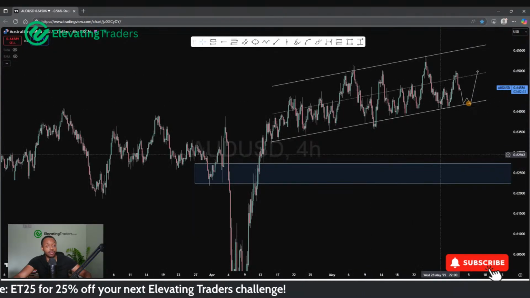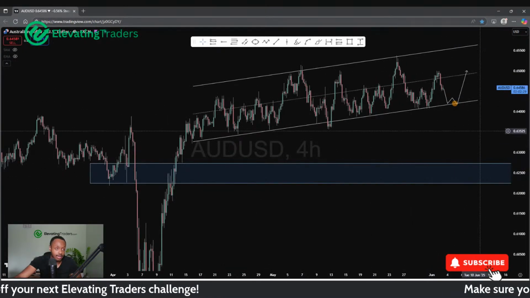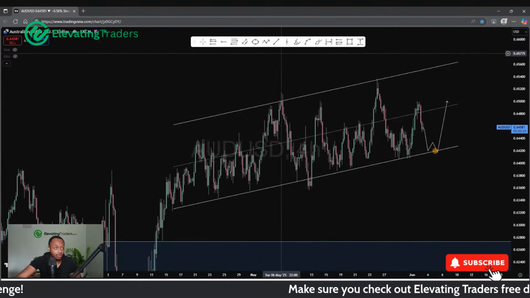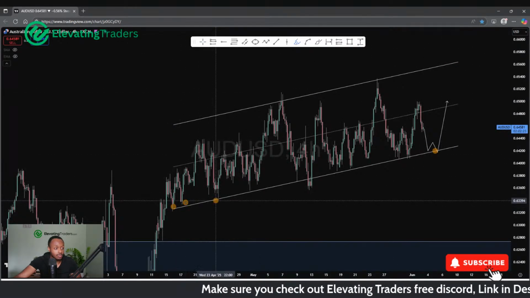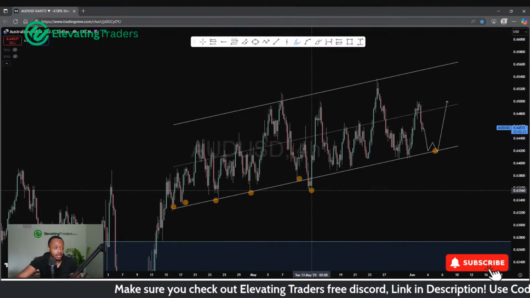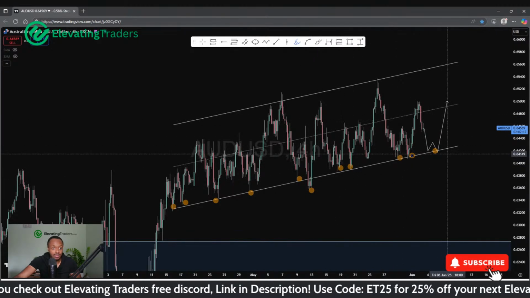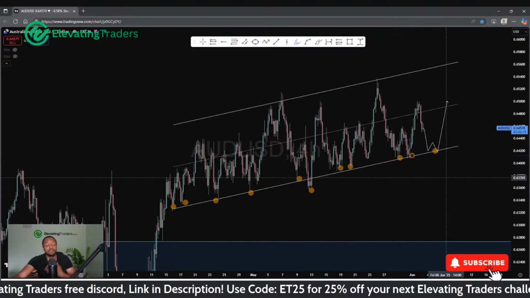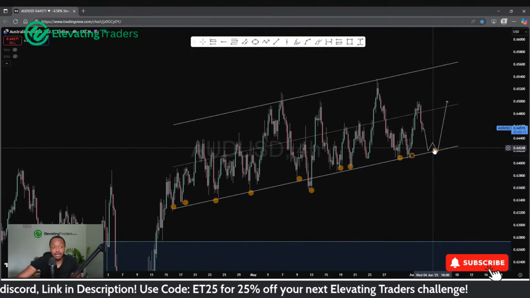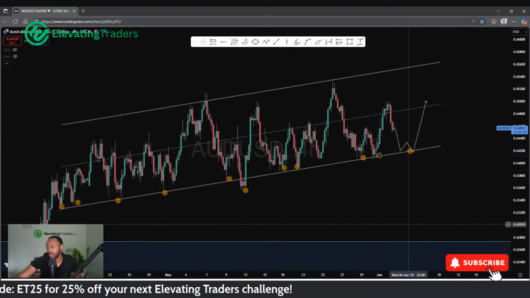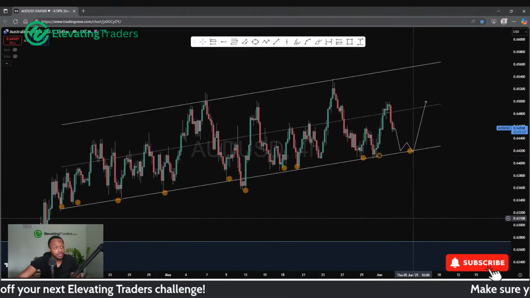So I think in terms of opportunities, if we don't get this trade here, the best bet for Aussie dollar will be some buys at the low end of the channel. We've been so consistent with all these higher lows at the lower end of the channel. So I would say if price was to push back into support again, into the low of the channel, there's a good chance that we do respect that and price does turn around again. If you can see some healthy rejection there, I think that's still very much a smart buy for Aussie dollar.